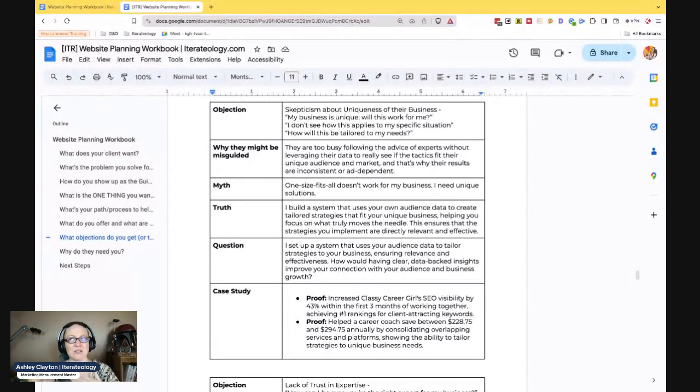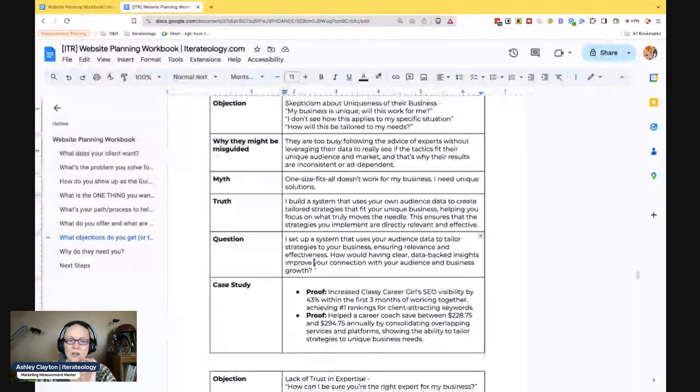Until they are basing those decisions off their real data, and not what somebody in a mastermind or marketing cohort does, or whatever this agency they're paying but don't have much visibility into is doing, that's why they say one size doesn't fit all. Well, yes, one-size marketing plans don't fit all, but that's not what this is. This is giving you the data to create a data-informed marketing plan.